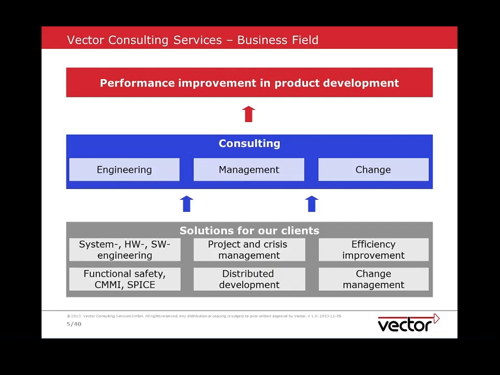The Vector Consulting Services, where I'm a managing director, is active in 3 topics, namely engineering, management, and support for change. And functional safety is one of the key topics of our experience, where we are active on a worldwide basis.